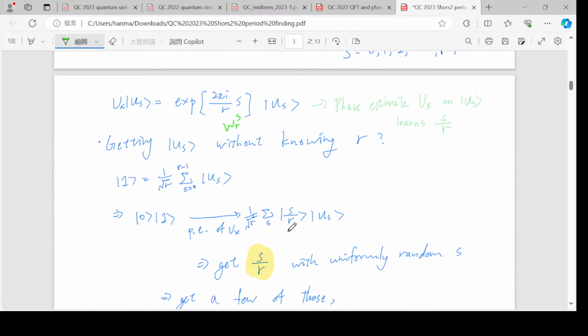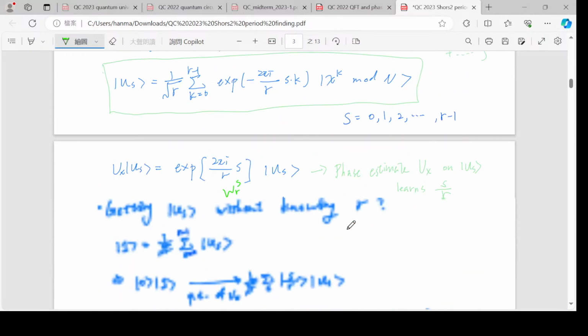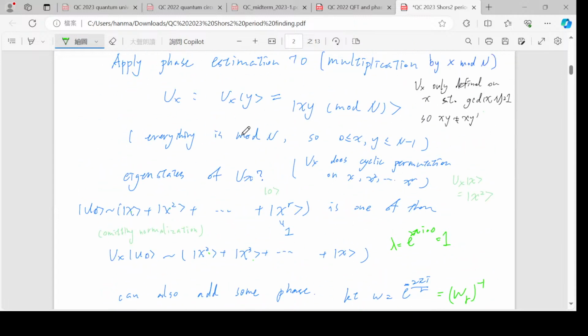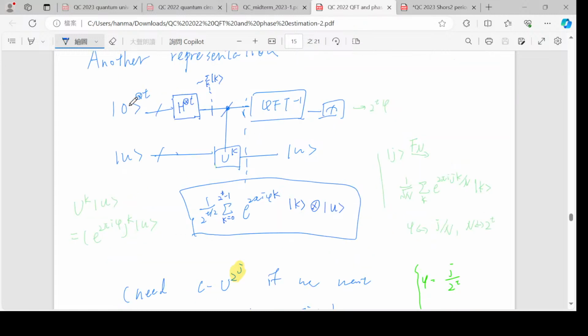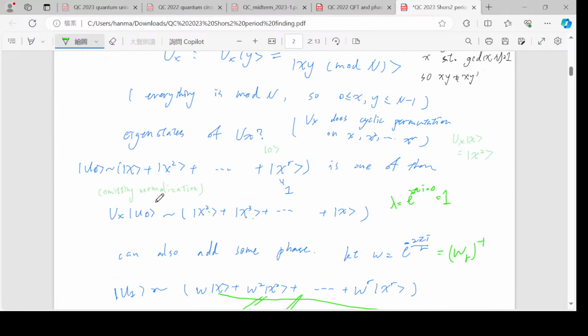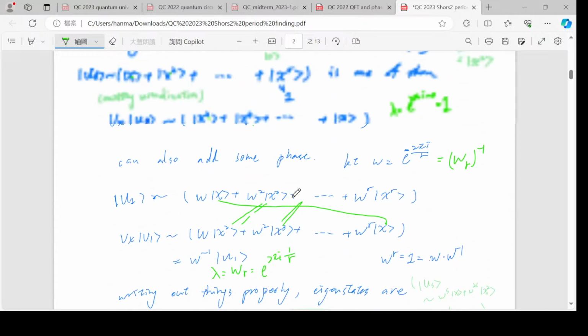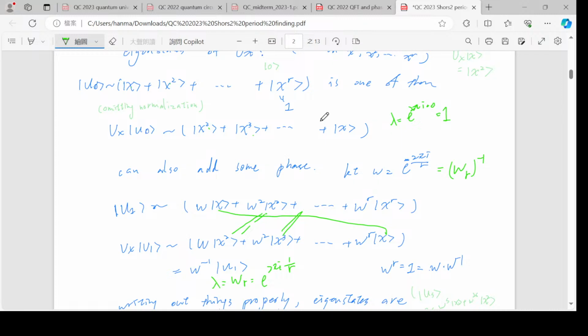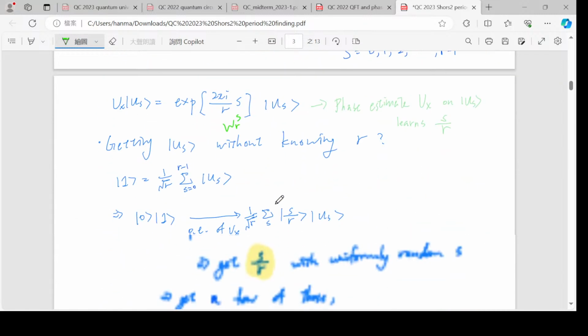So the other problem is, we have this U_x that we can implement. But remember, when we do phase estimation, we also need the eigenstate u here. And if you don't know r, how do you prepare this eigenstate u that's an equal superposition of all those x in some period? That thing is quite impossible.